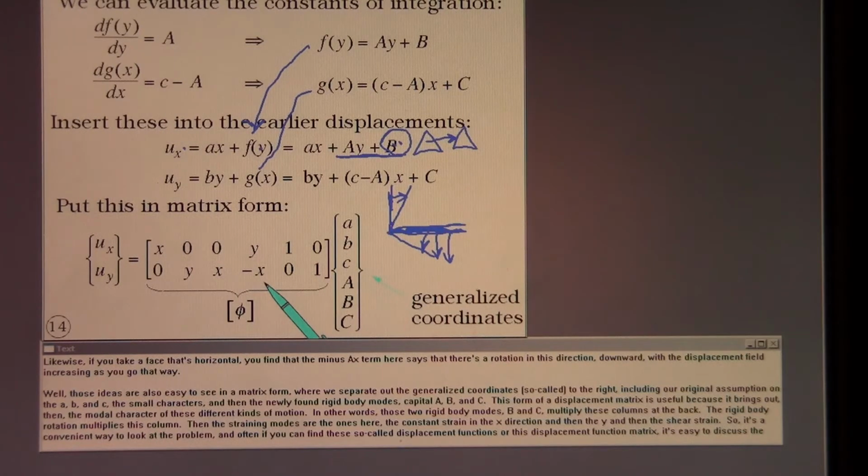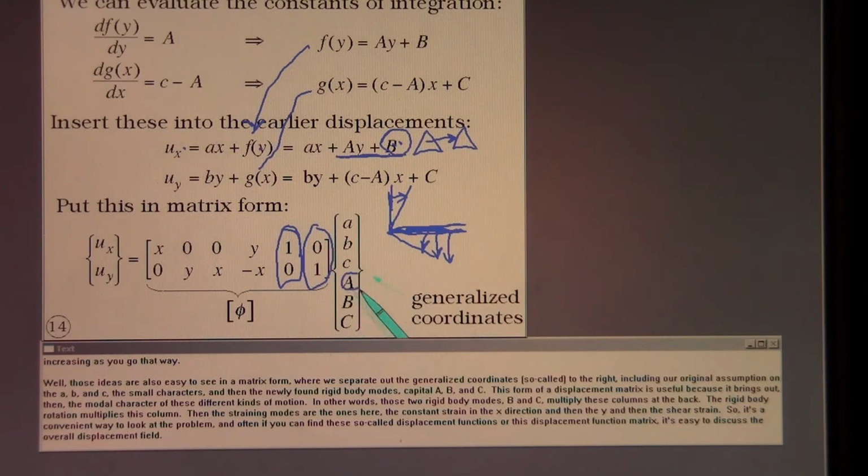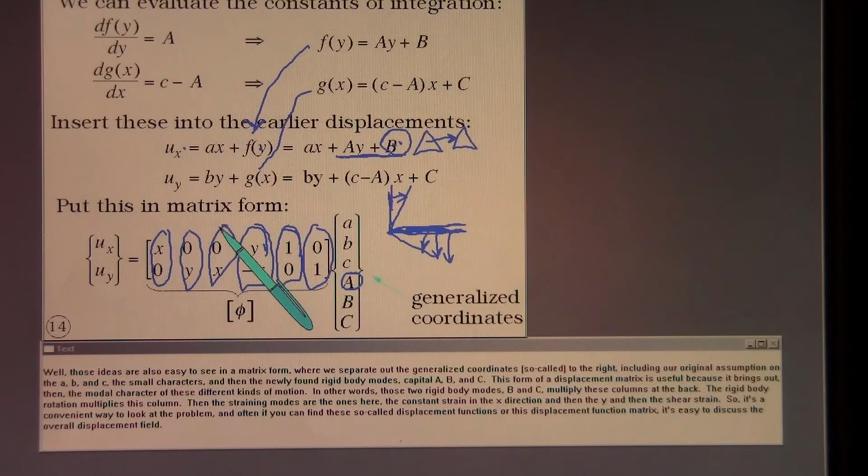In other words, those two rigid body modes, B and C, multiply these columns at the back. The rigid body rotation multiplies this column. And then the straining modes are the ones here, the constant strain in the x direction, and then the y, and then the shear strain. So it's a convenient way to look at the problem, and often if you can find these so-called displacement functions or this displacement function matrix, it's easy to discuss the overall displacement field.